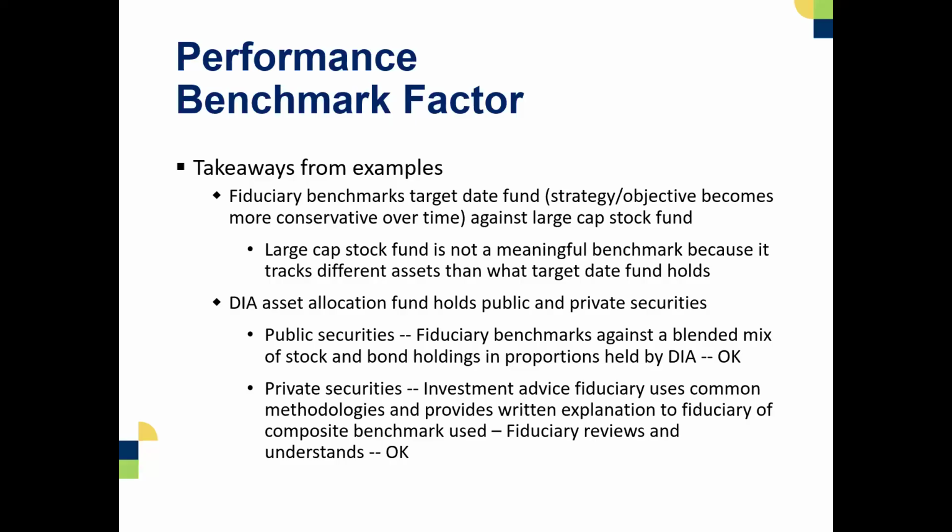And our fiduciary benchmarks the public securities component of the fund against a blended mix of stock and bond holdings in the same proportions held by our designated investment alternative, right? So if our public securities portion of our fund is 60% stock, 40% bonds, our fiduciary looks at benchmarks that have 60% stock offerings and 40% bond offerings.